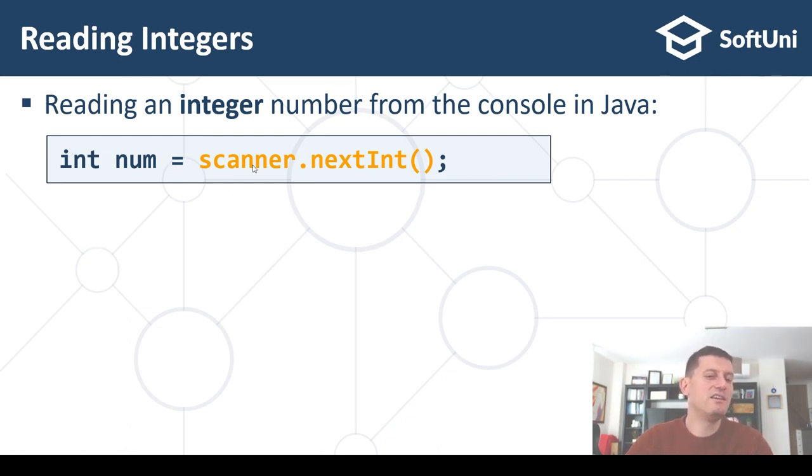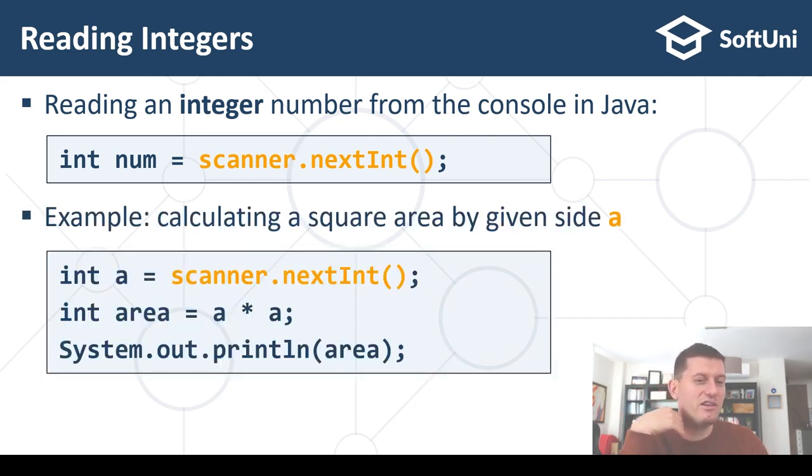So int a = scanner.nextInt() reads an integer number, and this is an example of how we can read a square side, input number a, and calculate the square area by this given side a. For example, we read 5, we multiply 5 by 5 and we print the area.